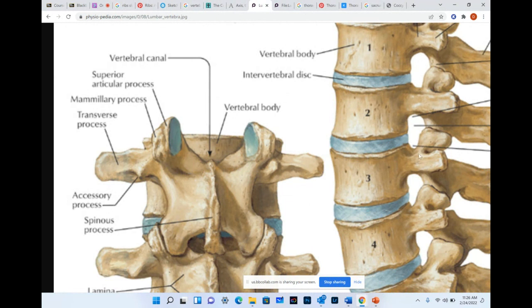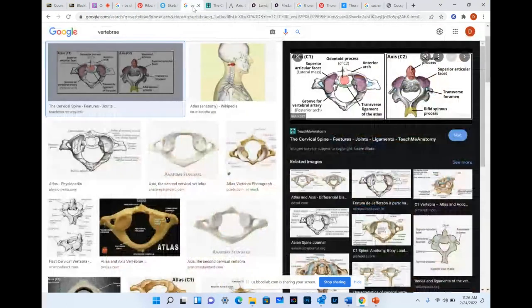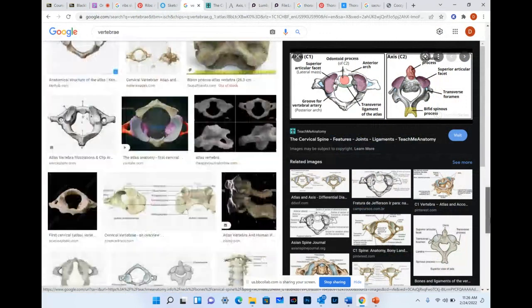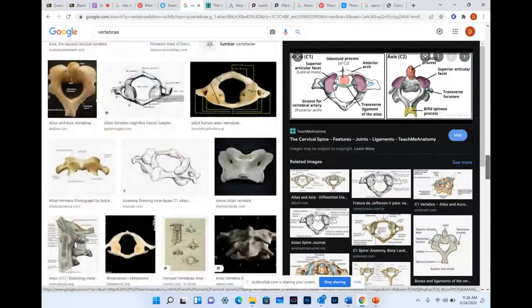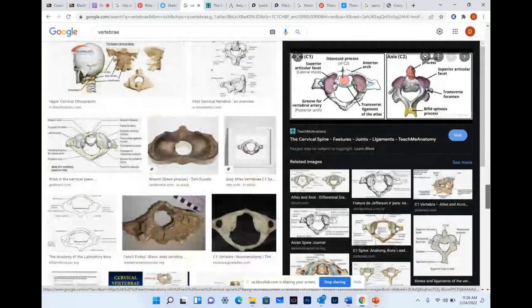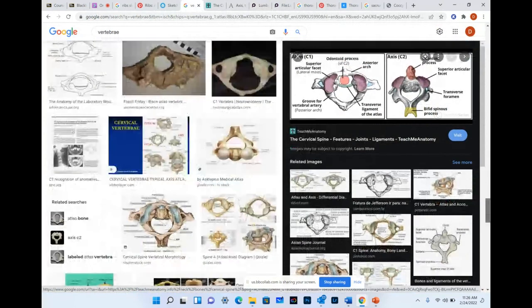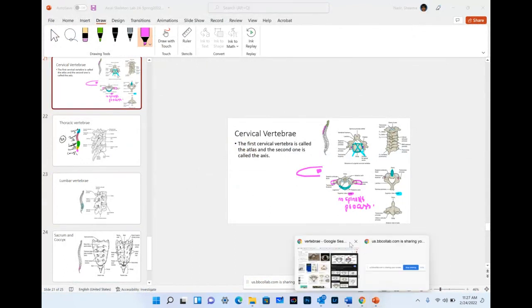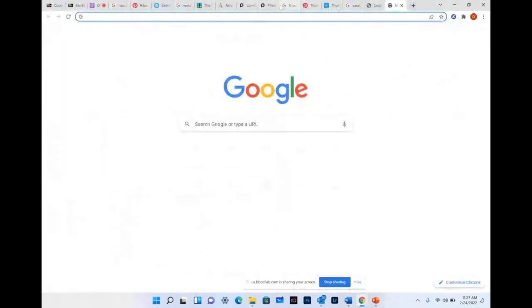And your cervical, when you look at that, the cervical ones, they look like little, let me show you first. Okay. Cervical vertebrae.